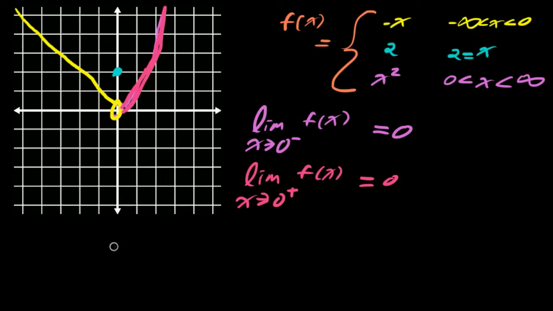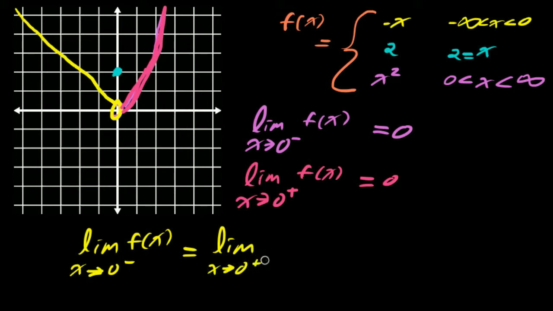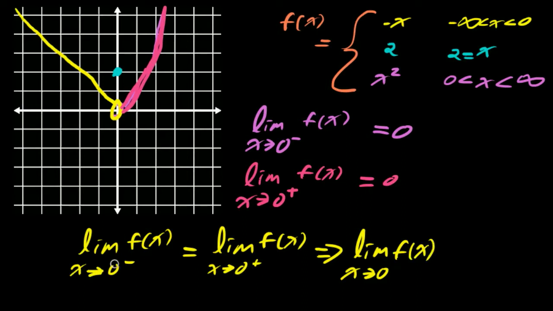And so now the big takeaway for this video, we can see that the limit as x approaches 0 of f of x from the negative side is equal to the limit as x approaches 0 from the positive side of f of x, which means that the limit as x approaches 0 from both sides of f of x exists, and it's also going to be equal to what each of these guys are equal to.